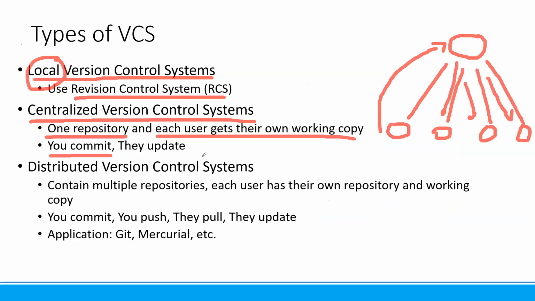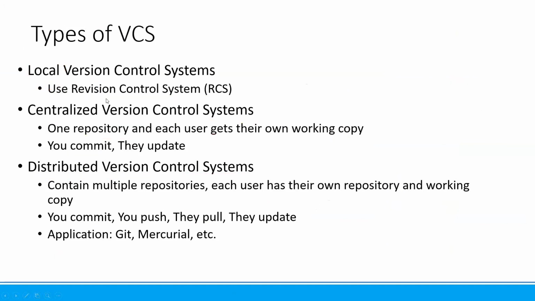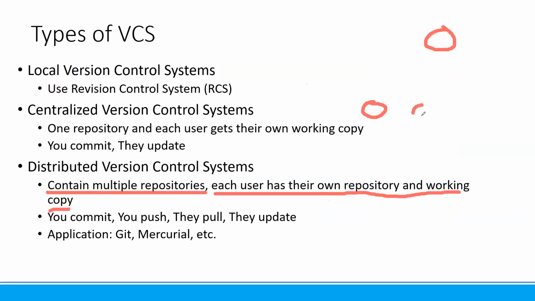But nowadays, people come with the distributed version control system. The distributed version control system contains multiple repositories. Each user has their own repository and working copy. So we have one repository, and each user will have their own repository and their own copy.